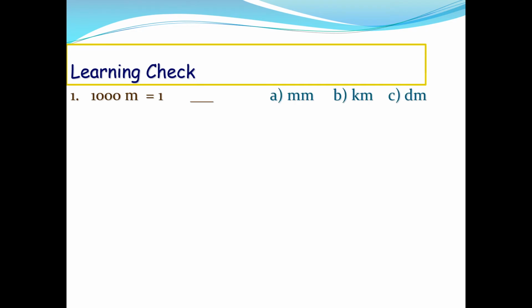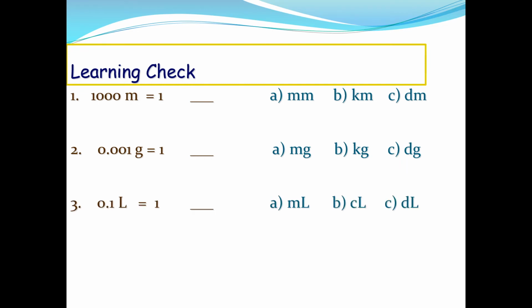So 1,000 meters is equivalent to 1 millimeter, 1 kilometer, or 1 decameter? Kilometer. 0.001 grams would be equivalent to what? Milligrams. 0.1 liter would be what?